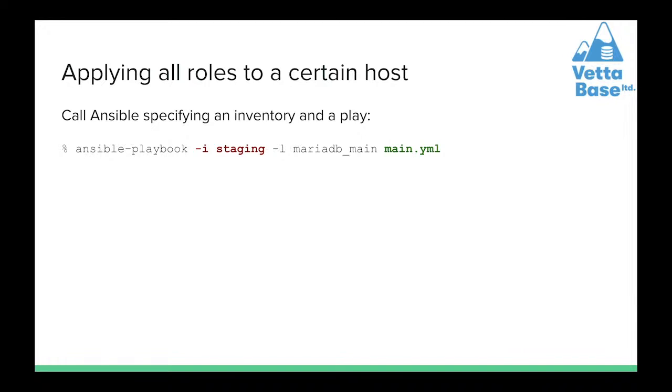In this case, it is a group, and most of the time, probably it will be a group. And then we specify the play to use, because again, the play will associate the group MariaDB main to specific IPs.